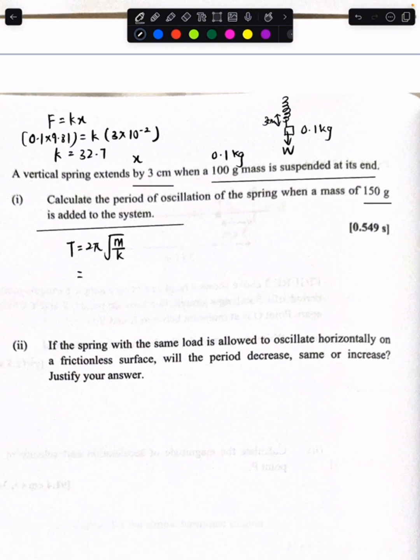So T equals 2 pi. Now this time the mass is, the question asks, if 150 gram is added. Sorry, pardon me, it's added, so not changed.